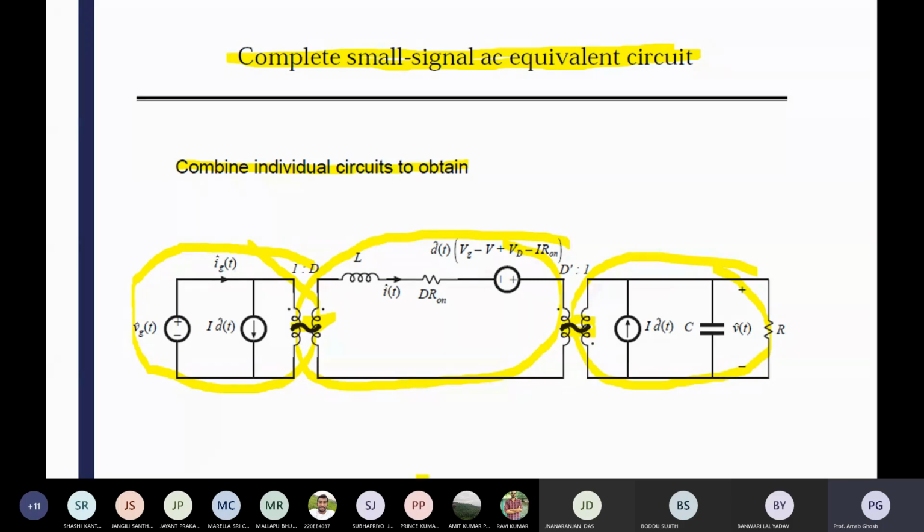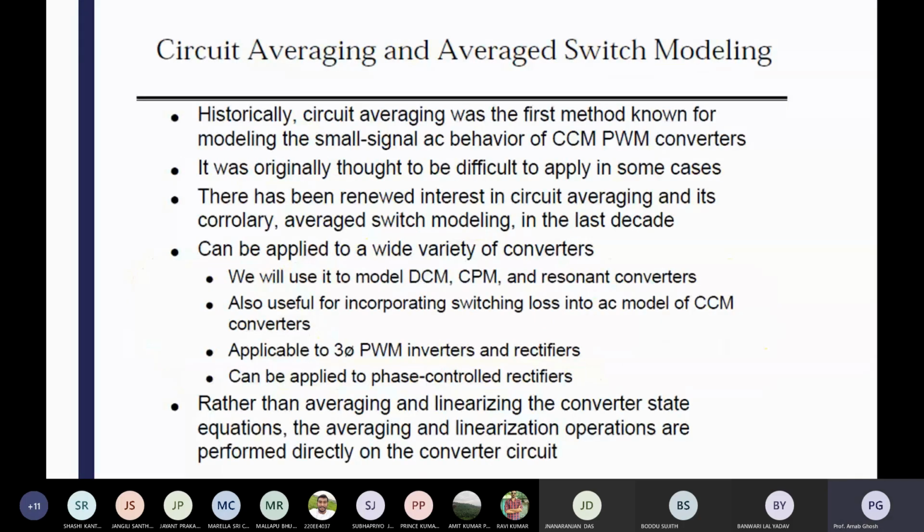Then circuit averaging and average switch modeling. What is the importance of this? Circuit averaging was the first method. I think one paper was there in 1975, written by Middlebrook.